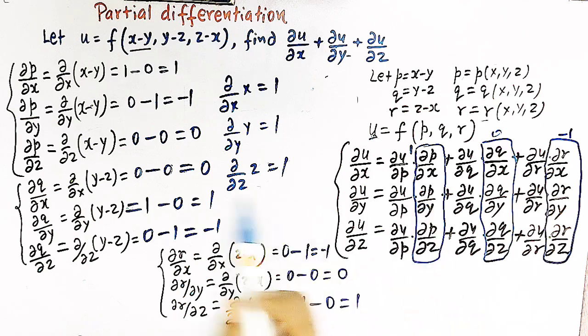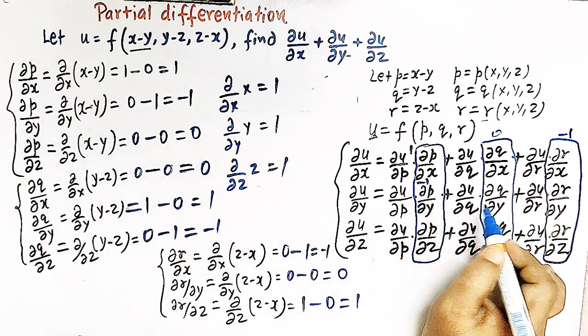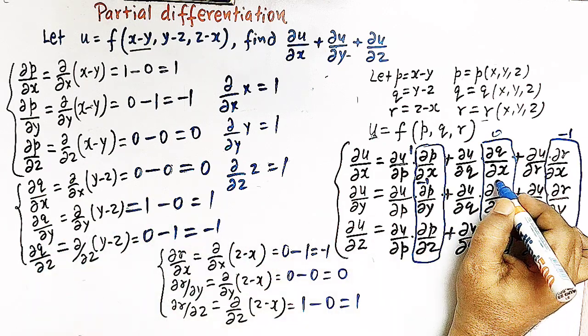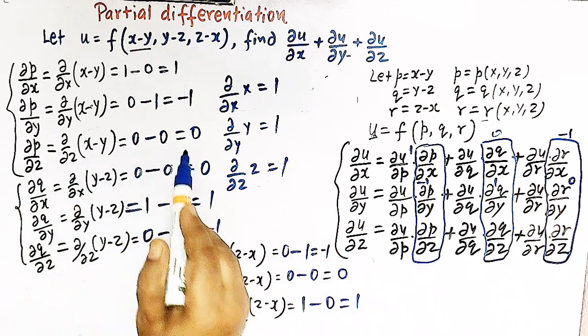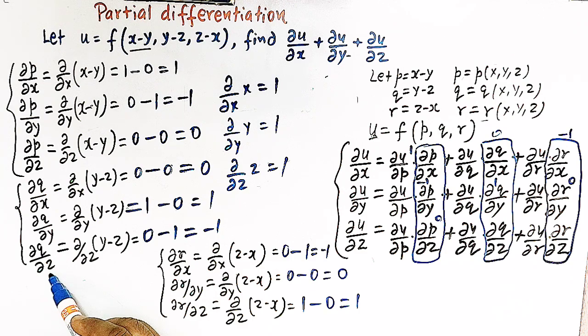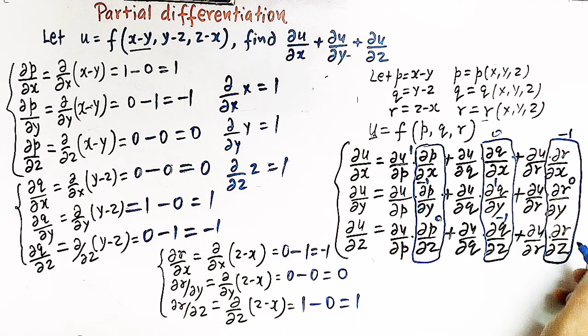And here del p over del y is equal to minus 1, and del q over del y is equal to 1, and del r over del y is equal to 0, and del p over del z is 0, and del q over del z is equal to minus 1, and del r over del z is equal to 1, right?